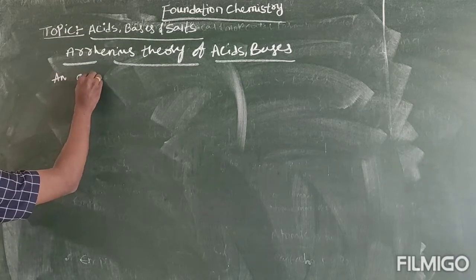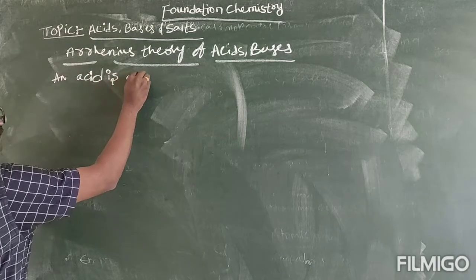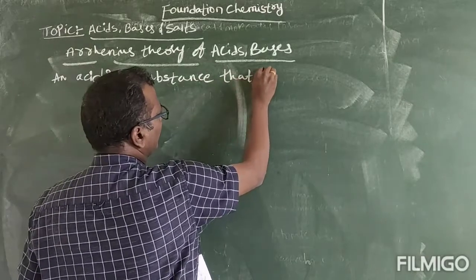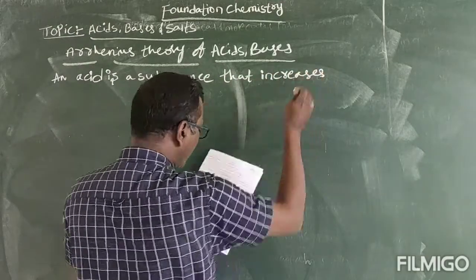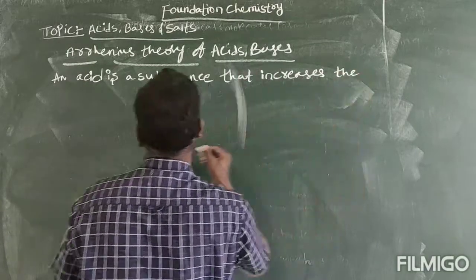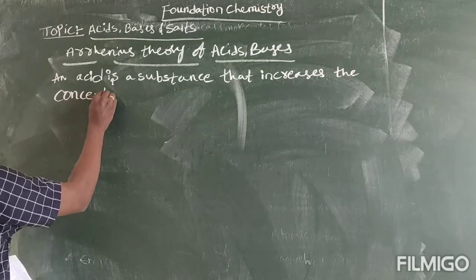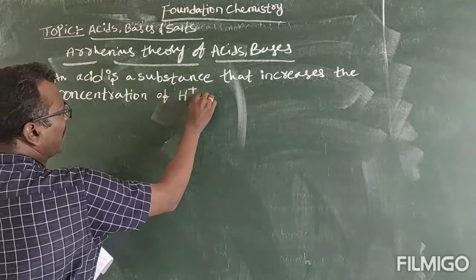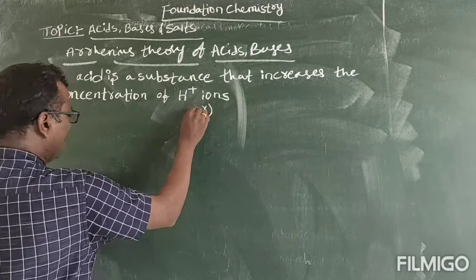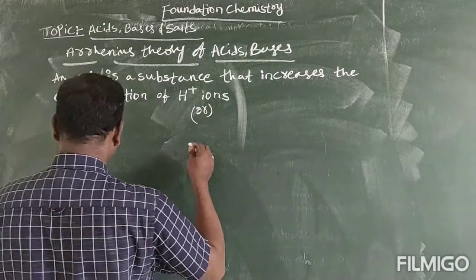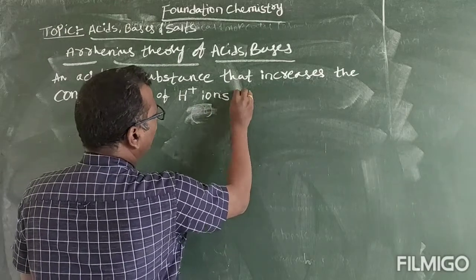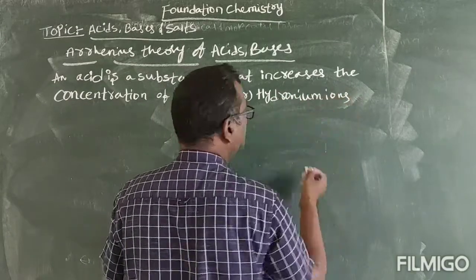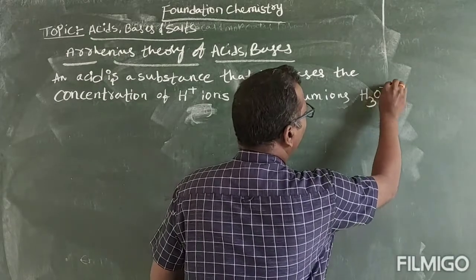An acid is a substance that increases the concentration of H plus ions, or there is another definition, or hydronium ions, that is H3O plus.